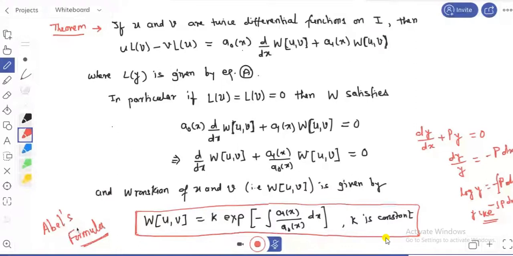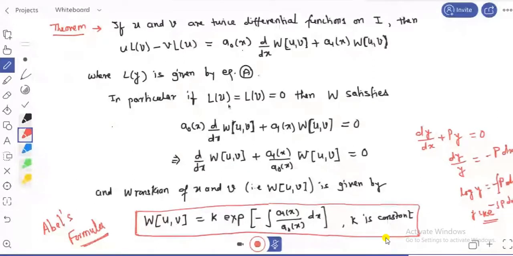This is Abel's formula, where the Wronskian of u and v equals this exponential of that. But one condition is that this is for the homogeneous case: if Lu equals 0, then this condition holds. If there is a non-homogeneous term, suppose d of x, then this condition doesn't hold.